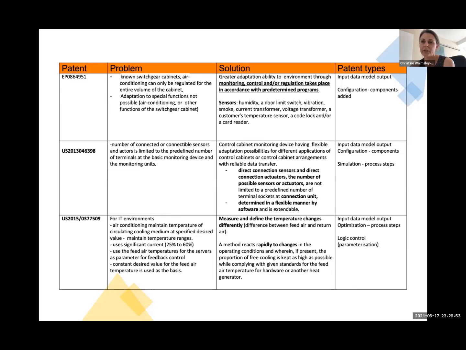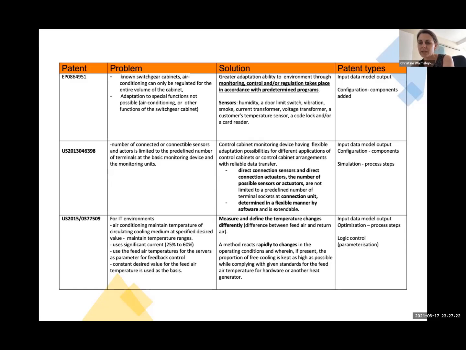So if you measure and define temperature ranges differently, you can have better control of them, and you can limit the amount of energy that is used, so that it reacts more rapidly, and in this way reduce your energy. So then looking at the patent types, it's summarized on the side there, but we've also located it.